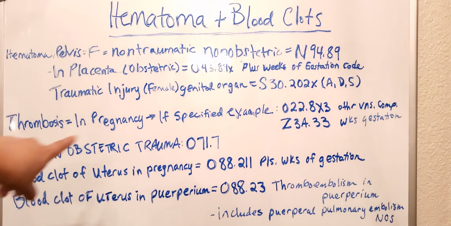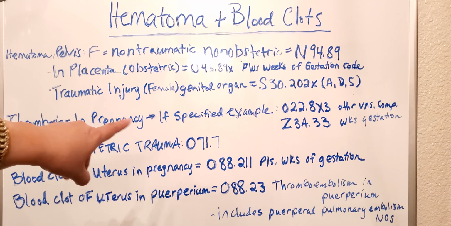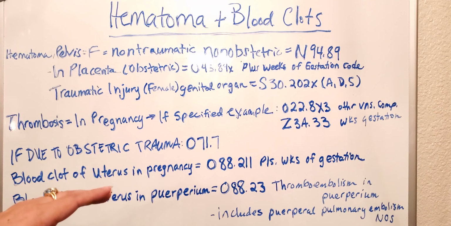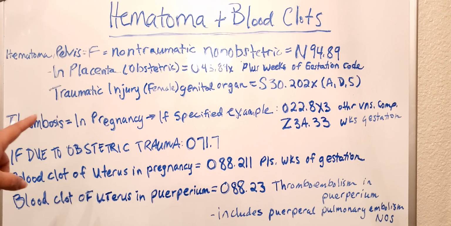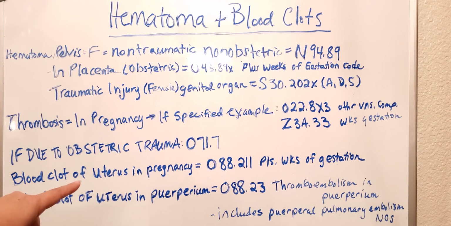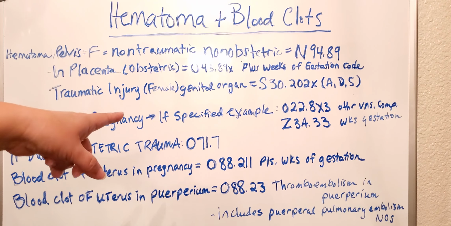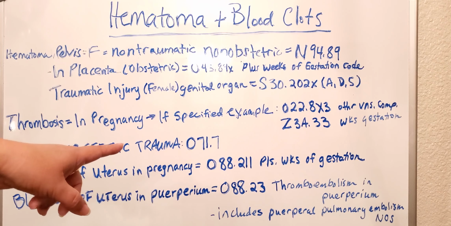You're going to be still looking at these O codes, and these O codes are going to be broken down more specifically. So if it is due to an obstetric trauma, and hopefully your provider has really documented this well so that you know which one to pick. If this trauma happened while the patient was giving birth, right? Then you're going to go with that O71.7 code. All right.